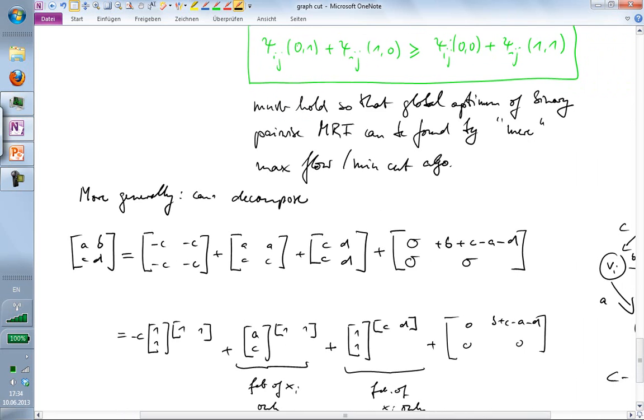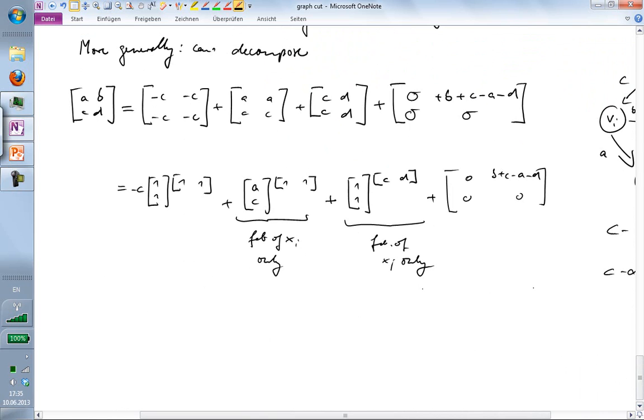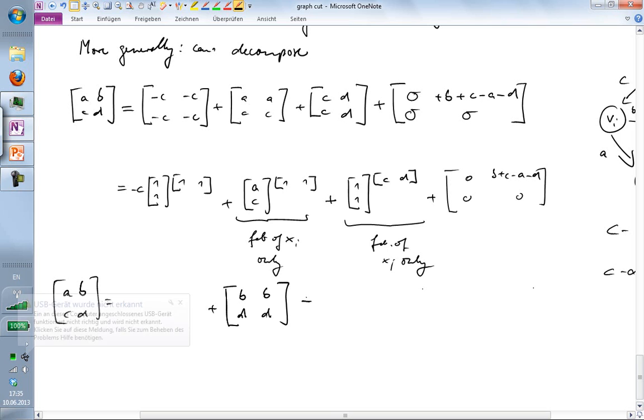So I can decompose differently: A, B, C, D is now, rather than replicating the first column, I replicate the second column. And here I replicate not the second row, but the first row.